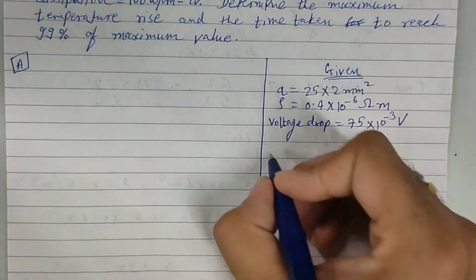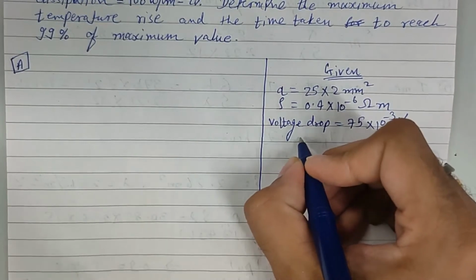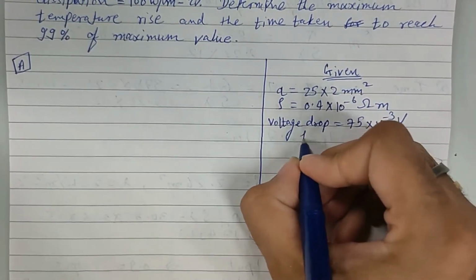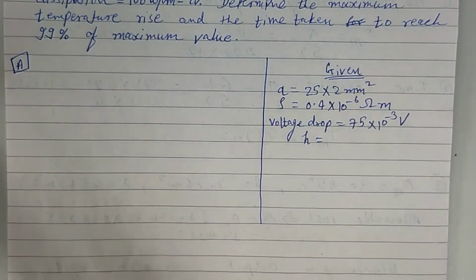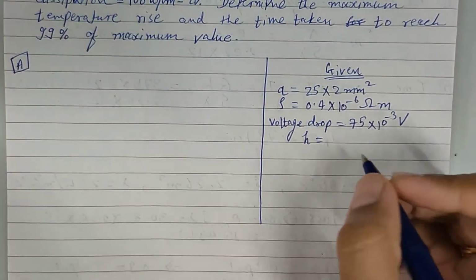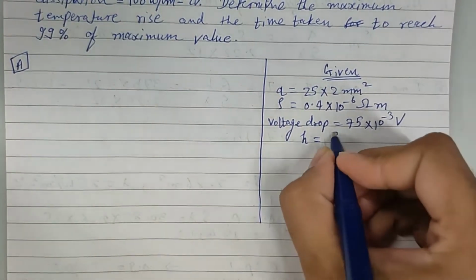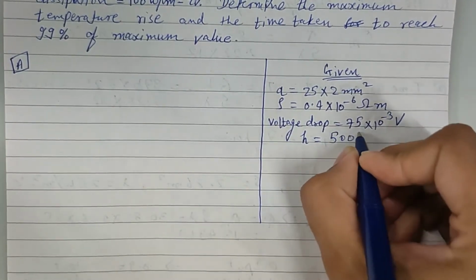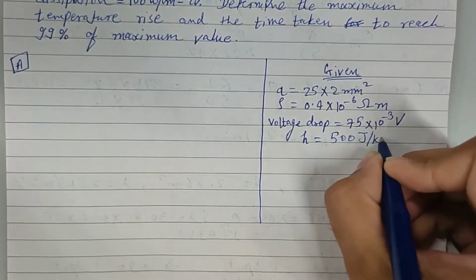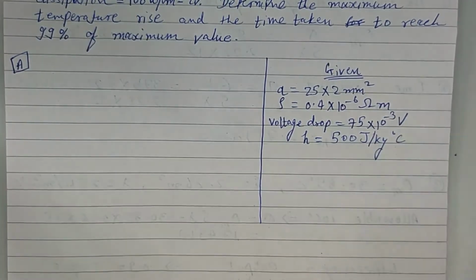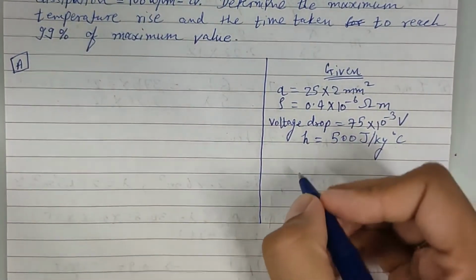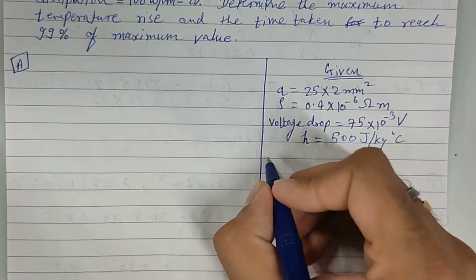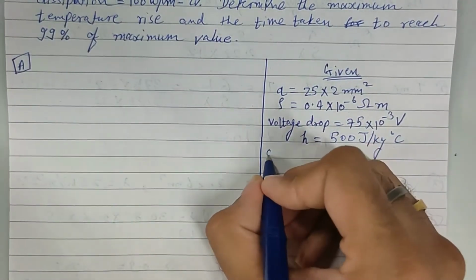The next given quantity is the specific heat, which is represented by small h as we have seen in the derivation. So small h is nothing but 500 joules per kg degree centigrade as mentioned in the question. Next is the specific gravity, which is nothing but the density of the material.